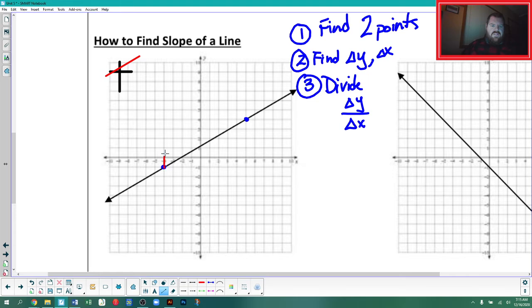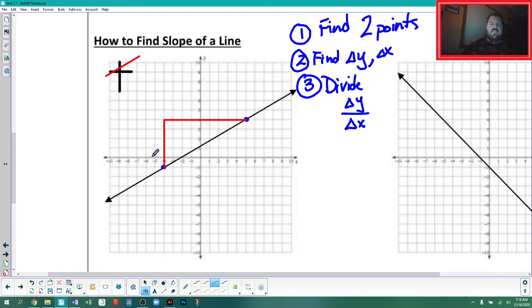So, looking for my vertical change first. How far up do I have to go until I meet the horizontal line that contains this next point? So I have to go up that far, and then that forces me to go over that far. How much change did we have?